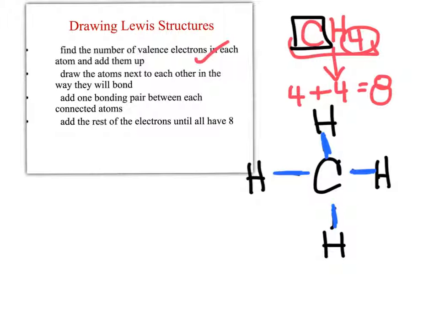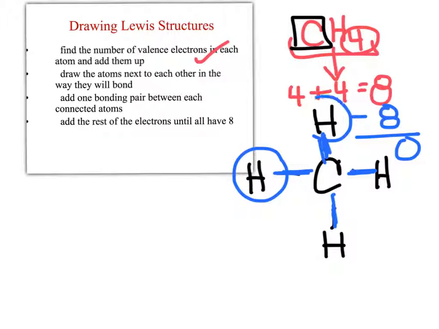And so in this particular case, take away 8, we have no electrons left to place. Does our carbon have 8 electrons around it? Yes, it does. 2, 4, 6, 8. And our hydrogens don't want 8, they only want 2, because hydrogen is very unique. Being on the top row of the periodic table, it's already got a full outer shell when it has 2 electrons.